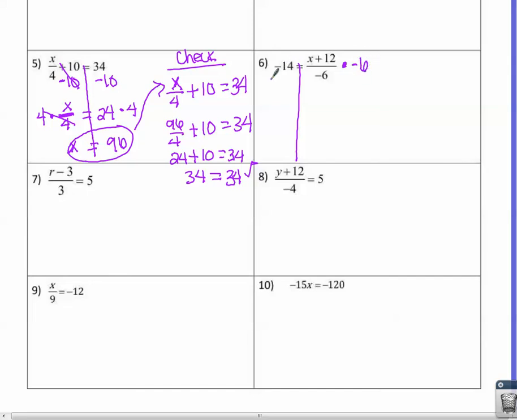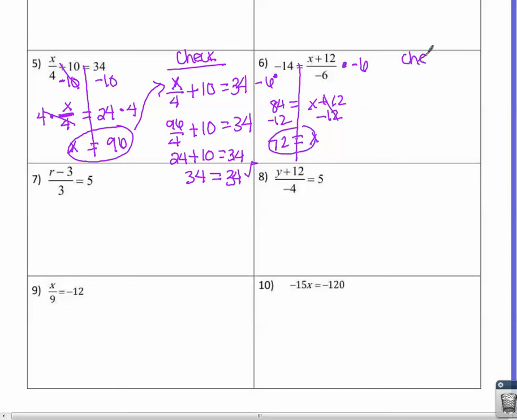So I'm going to multiply each side by -6. -14 times -6 is a positive 84 equals x plus 12. Now it's a simple one-step equation. My constant that I'm moving is a plus 12. The inverse operation is a minus 12. So you get x equals 72.